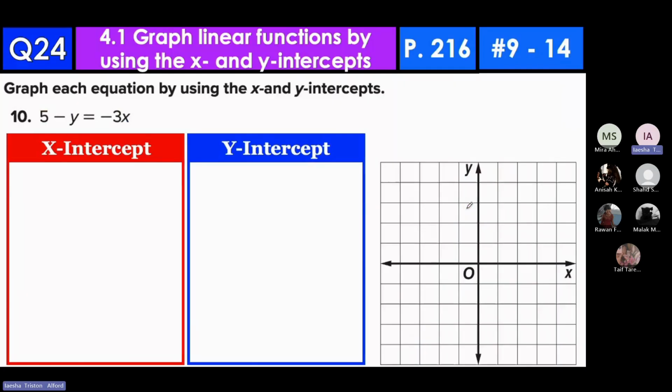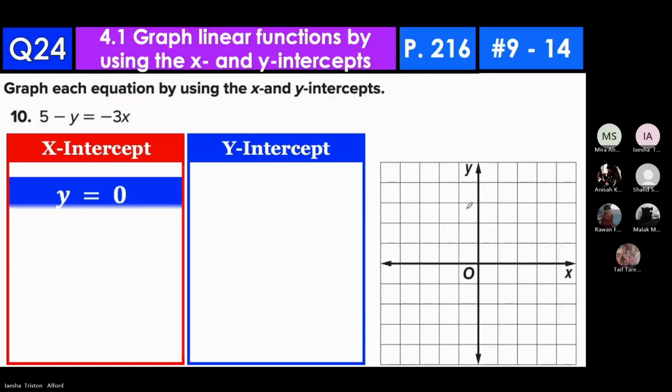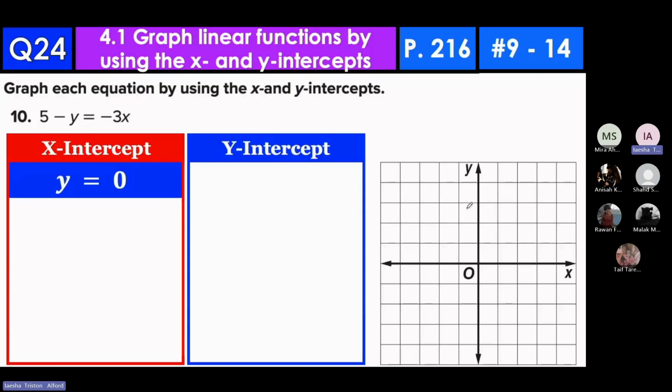X-intercept. What do we put? Before we start, for the x-intercept, y should be what? Y is 0. Make sure you write it down. Then put the equation. We're not writing y. Put what number there? 0.